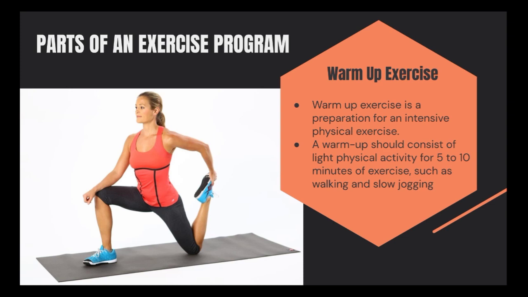So there are 3 things every exercise program should have. First, we have the warm-up exercises. The warm-up exercise is a preparation for an intensive physical exercise. This helps increase the body's core temperature while also increasing the body's muscle temperature through an increase in the delivery of oxygen and nutrients to the working muscles.